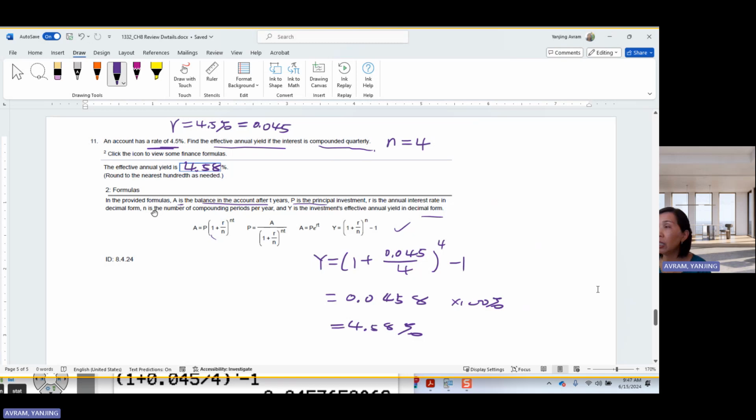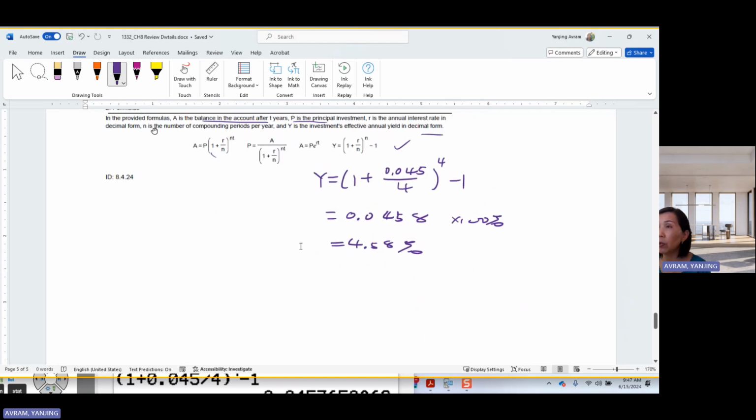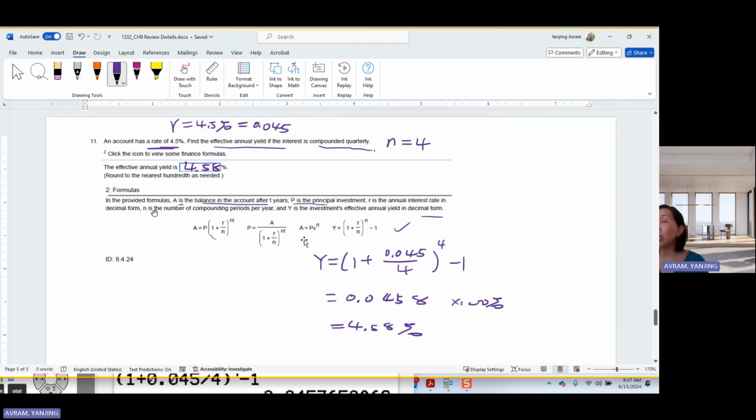So this one is called the effective rate, because sometimes people say, hey, I'm giving you 3% compounded monthly, and some people say I'm giving you 3.2% compounded quarterly, and some people say I'm giving you 2.9% compounded daily. Well, which one is better to invest in?